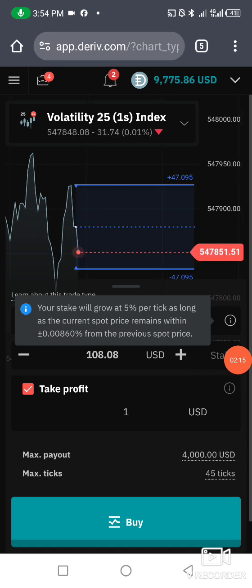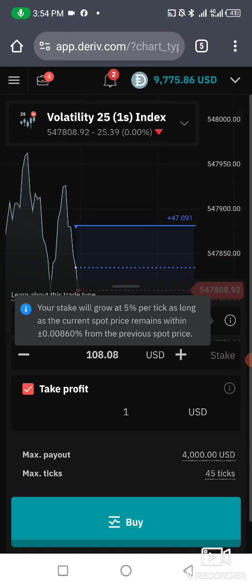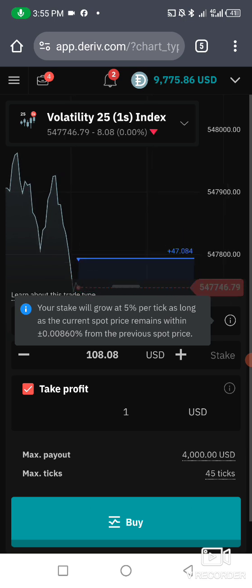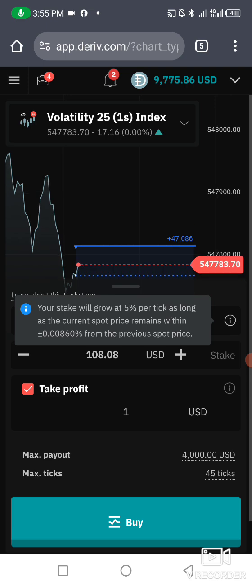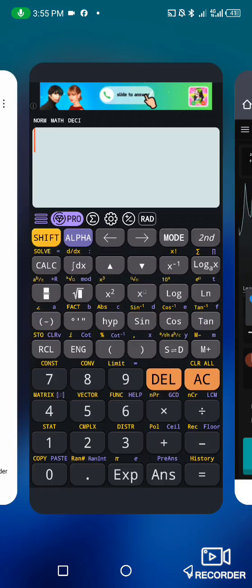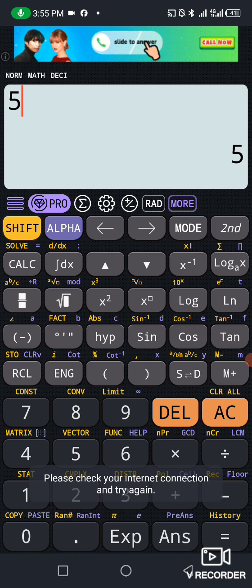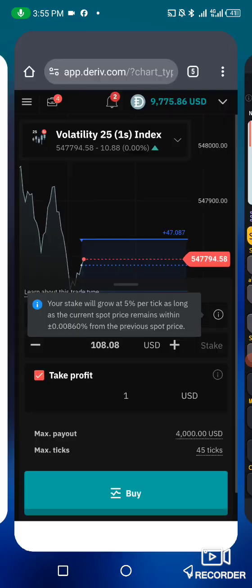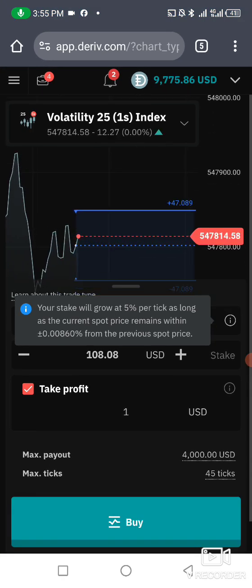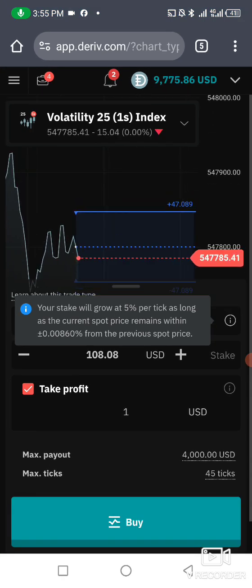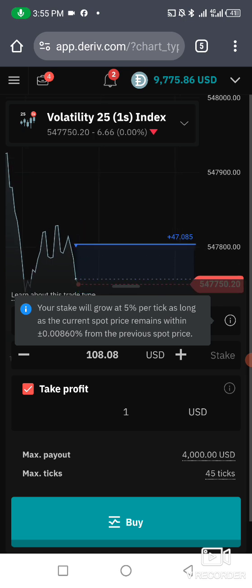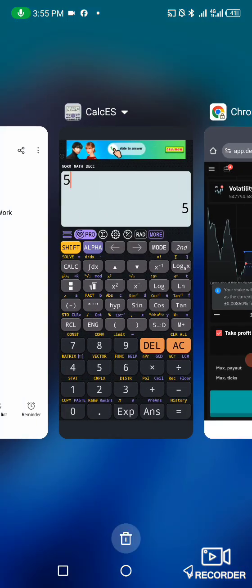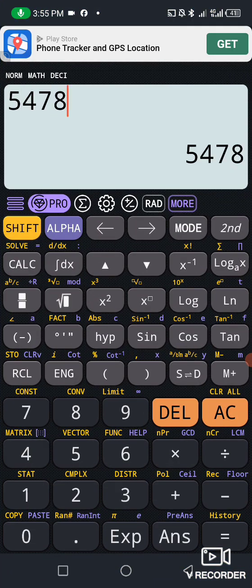Look at the current spot price. The current spot price is 547,832.